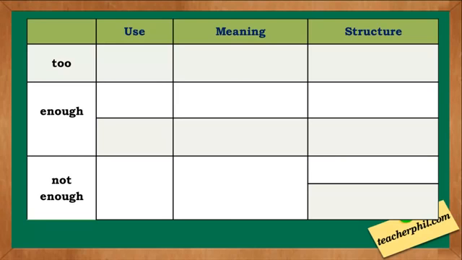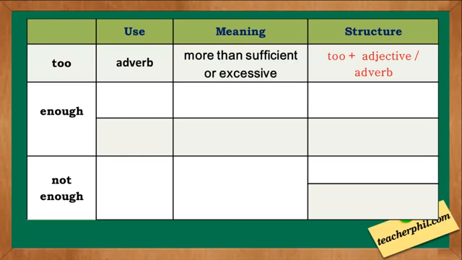Here's a table to help you understand. Let's start with the word too. Too is an adverb. It means more than sufficient or excessive. We have the structure too plus the adjective or adverb. The second one is the word enough.